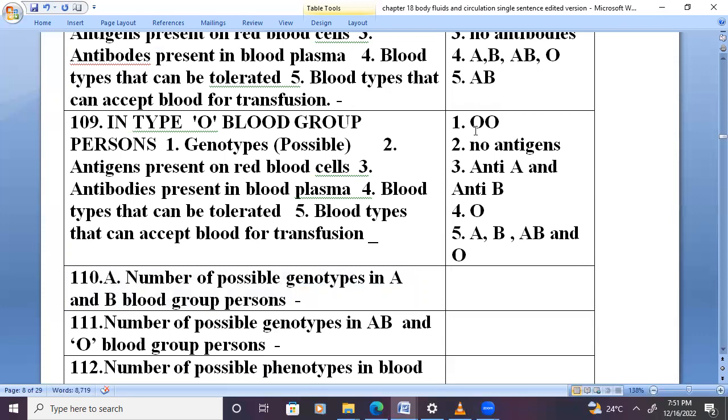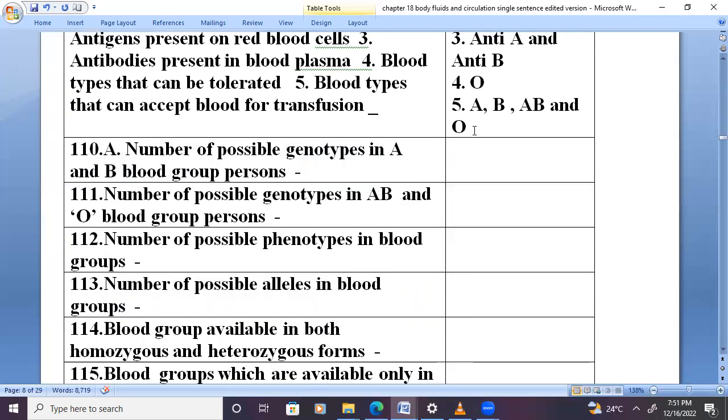Number of possible genotypes in A blood group person: 2, and in B: 2. Number of possible genotypes in AB and O blood group person: 1 and 1.